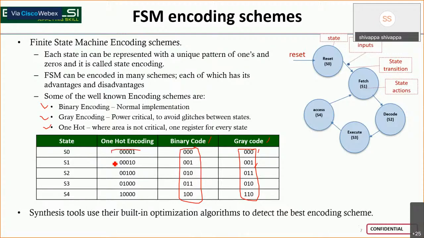One hot encoding you can use in FPGAs. One hot means one bit is high, active, and all others are zero. That way each state can be represented. Synthesis tools use their built-in optimization to detect the best encoding schemes, so when you synthesize, it will optimize the logic based on what you have used.